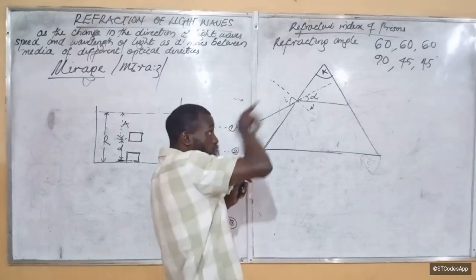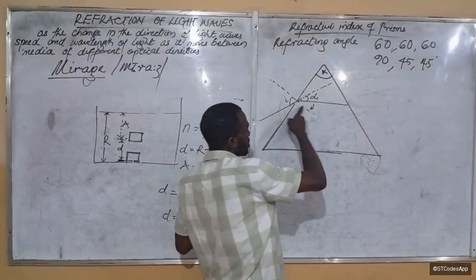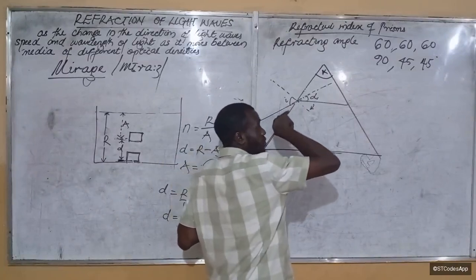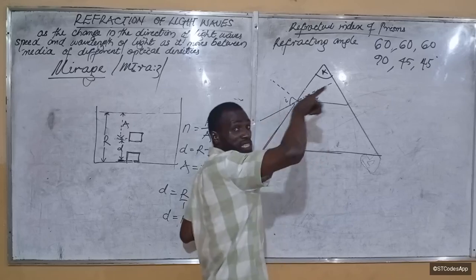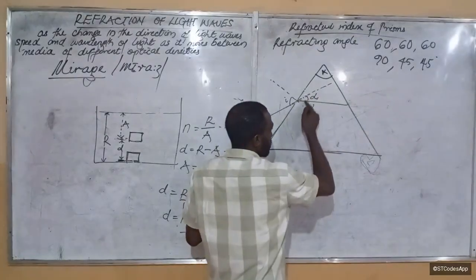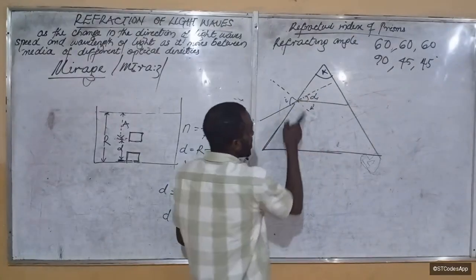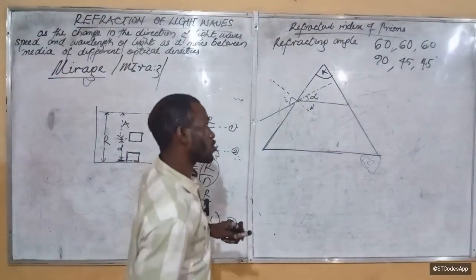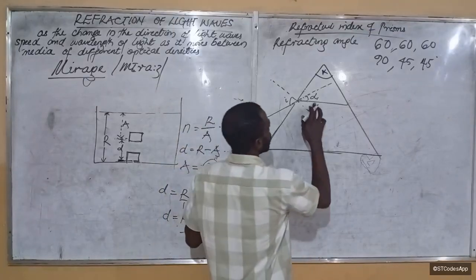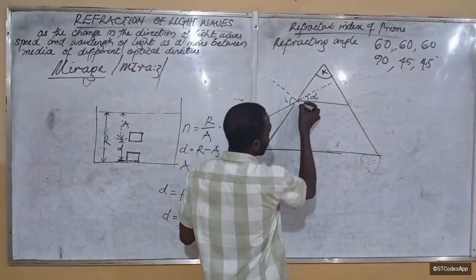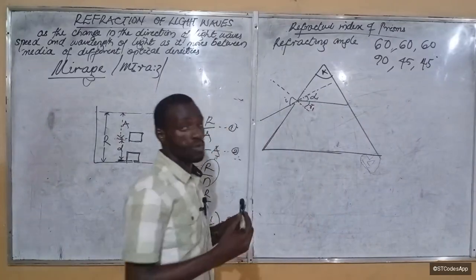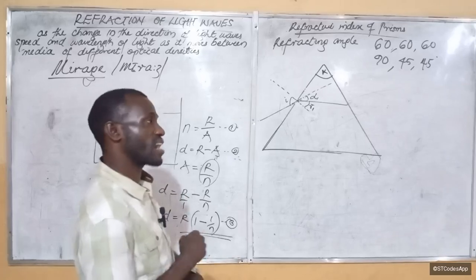But since this is incidence, if the angle of incidence is the same as the angle at which it enters my prism, it should be the same, but it is bending towards the normal, so we say it has deviated. The angle of refraction, we also read to the normal. Remember, this will be R1, the first angle of refraction.